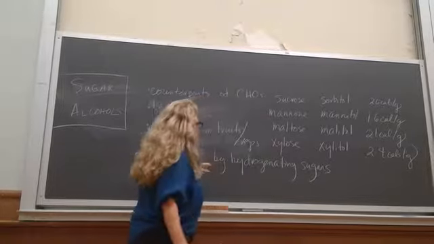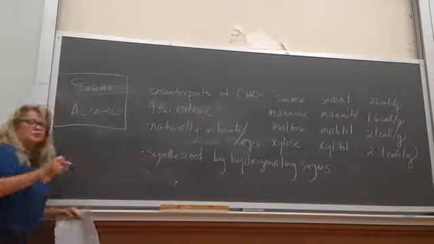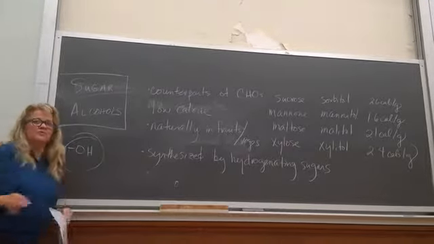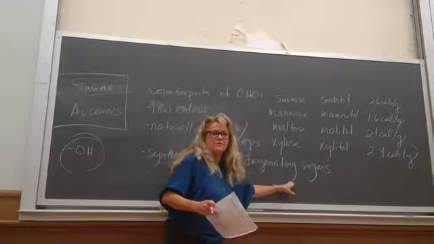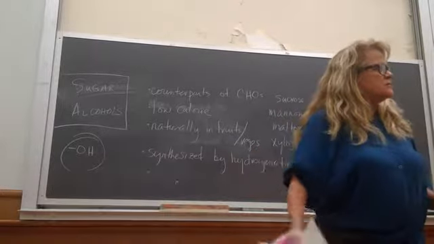So I think we know, maybe you don't know this, and I shouldn't assume this, the functional group for an alcohol is an OH, a hydroxyl group. That's the functional group. So by hydrogenating, adding water to sugars, clearly we can create alcohols.